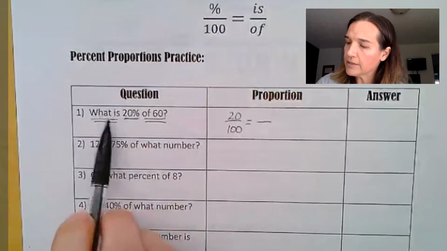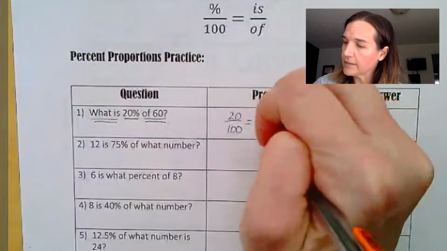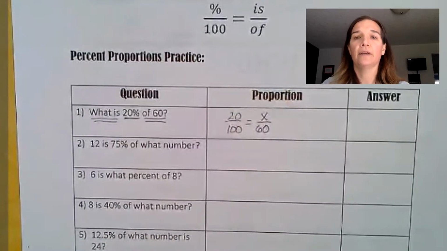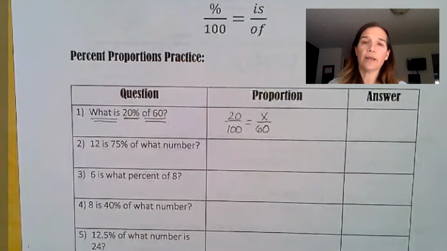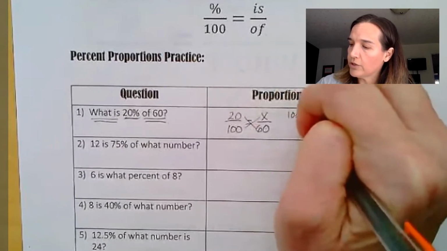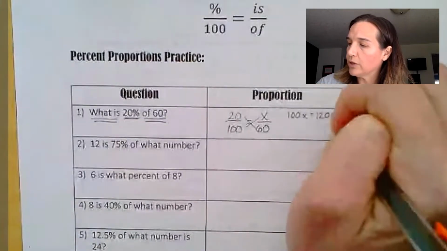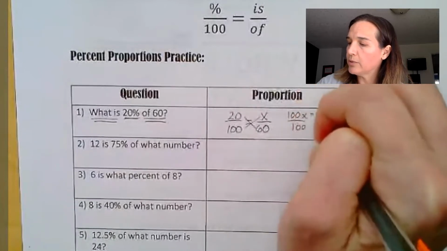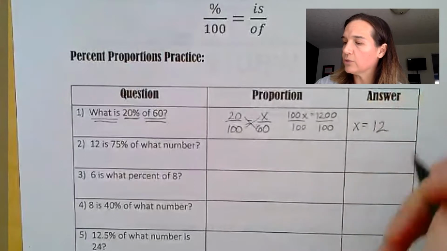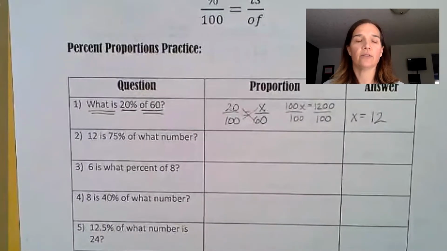So my is, what I don't know, that's my x, and the of is my 60, so that goes down here in the denominator. And once you've got your equation set up, then you can go right ahead and cross multiply and solve. If I multiply diagonally, I get 100x equals 1,200. And if I divide both sides by 100 to solve the equation, I get x is 12. And so that's my answer for that one.